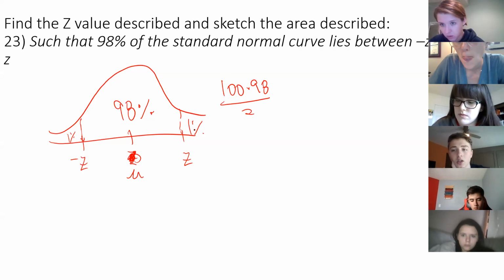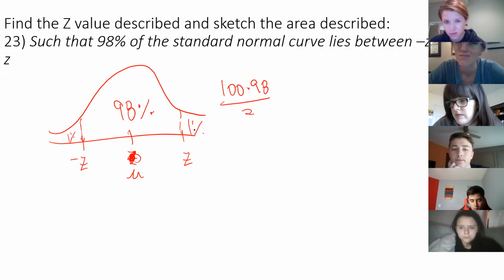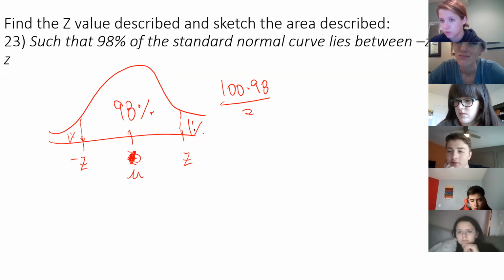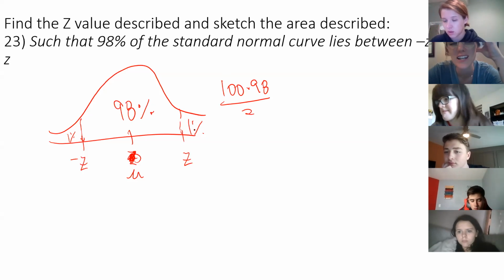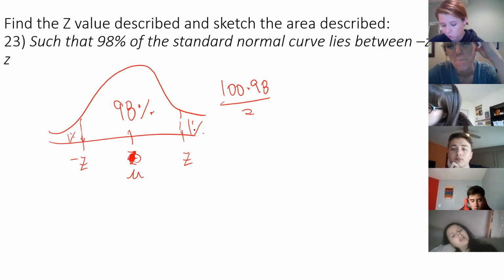Okay, so what are you actually looking for in the chart then? What's the easiest way to do this? What are we looking for in the chart? Look for the two that are in between 0.01.